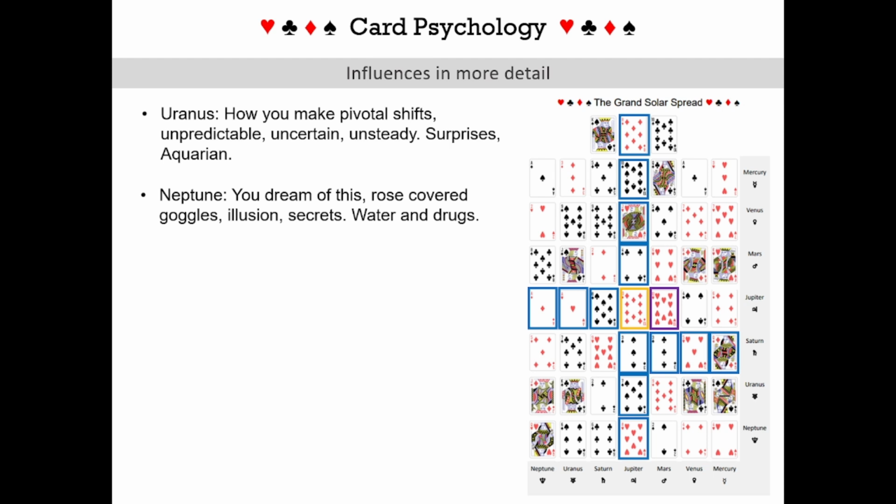But that's kind of how you would read your life spread, especially if you want to find out the supporting influences. Oh, and one other thing about Neptune, there's a lot of escapism in Neptune, usually through drugs and alcohol. So you have to look at how the 3 of Spades could escape, because that's the card for this person in this example. The 3 of Spades could be a hypochondriac.